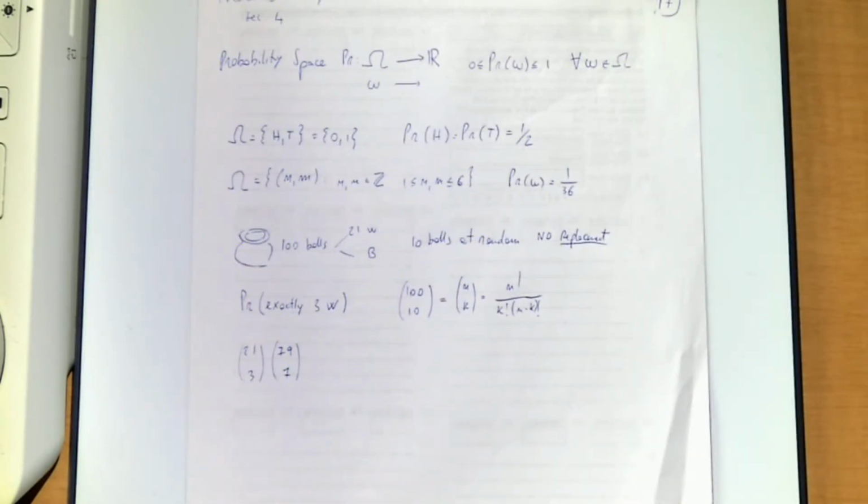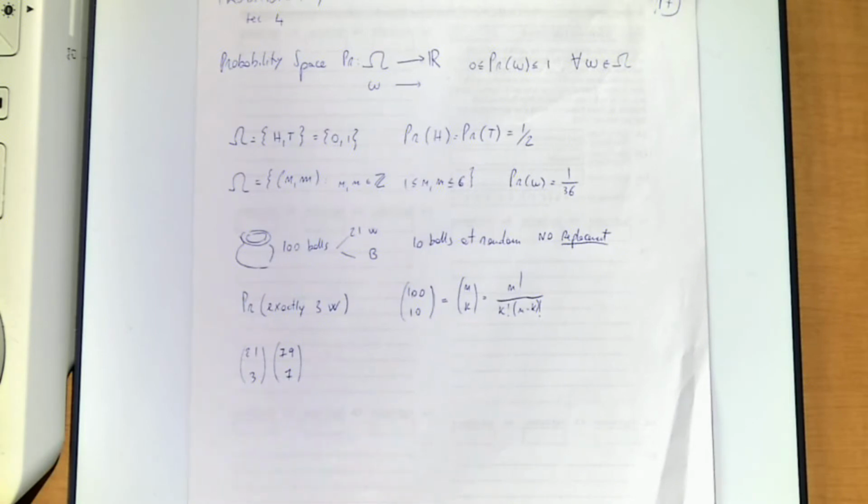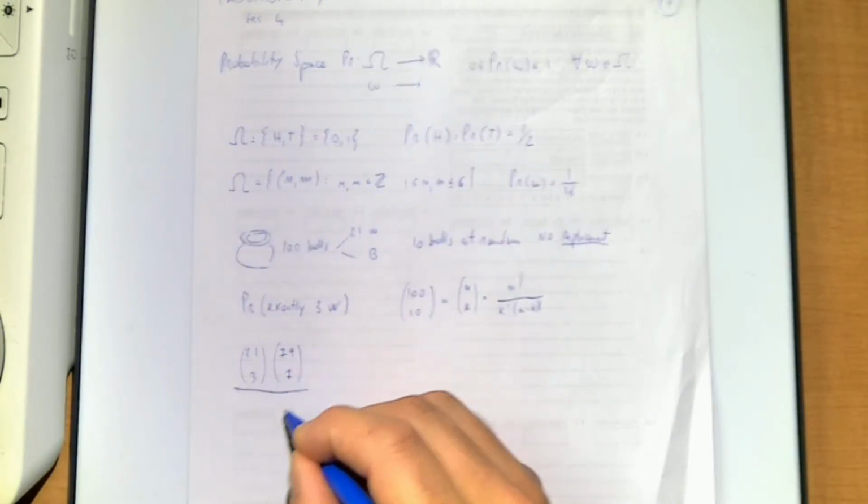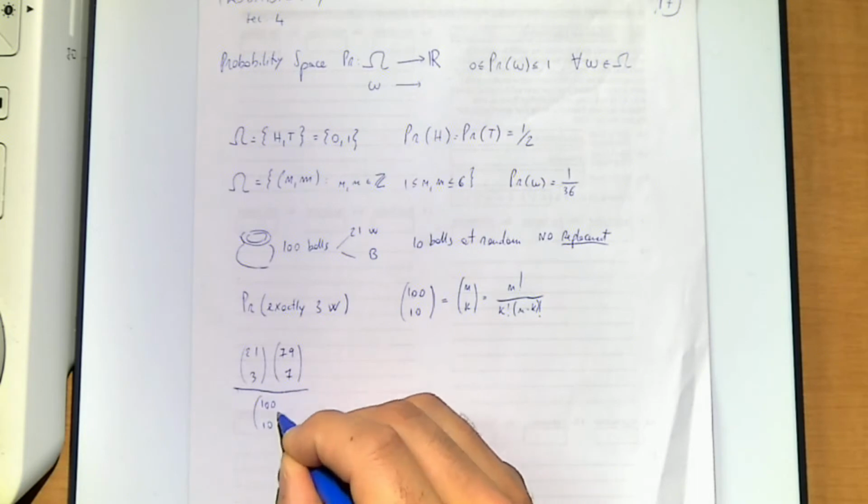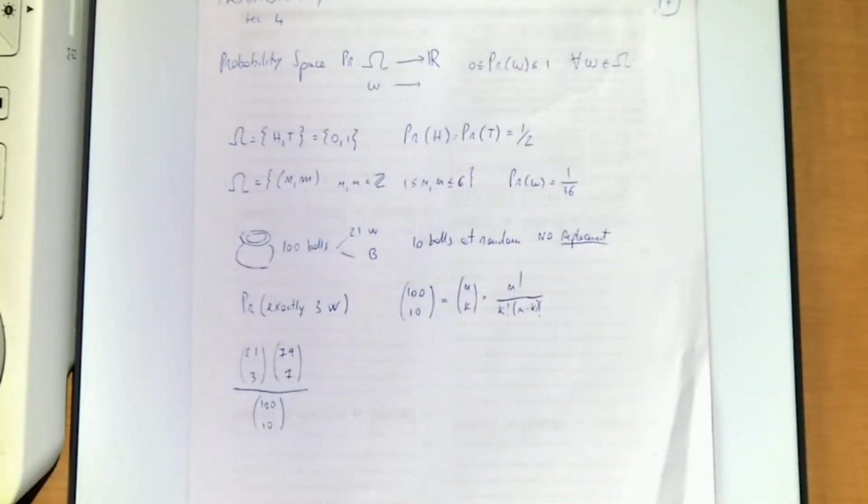So the total number of ways is this number times this number, because we pick any 3 of the 21 white balls, and then any 7 of the 79 black balls. These are the total number of ways of picking a combination that has 3 whites and the rest black, and I divide it by the total, because that is the total number of ways of choosing any 10 balls, including 2 white and 8 black or whatever. So this is a first example of how we compute this kind of probability.